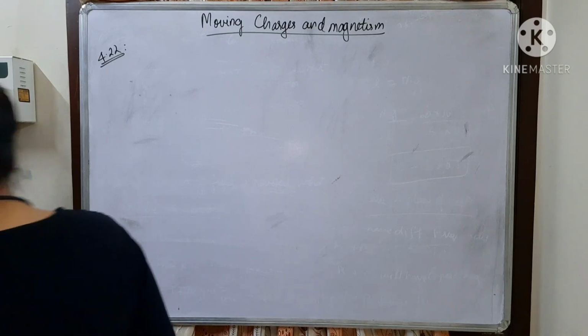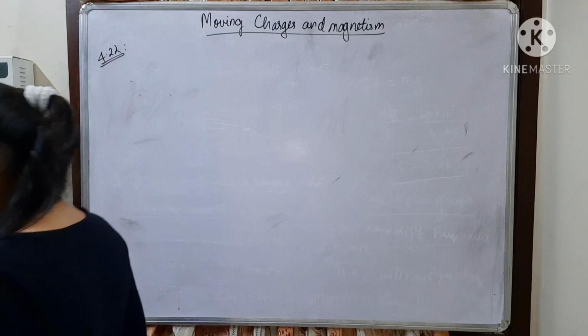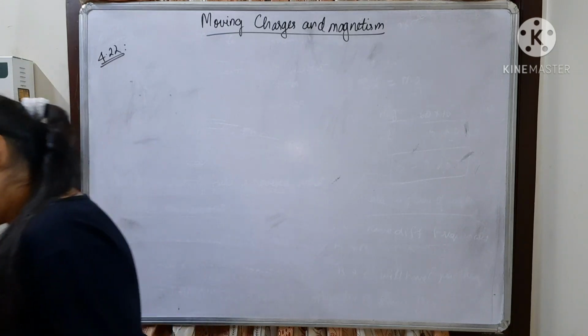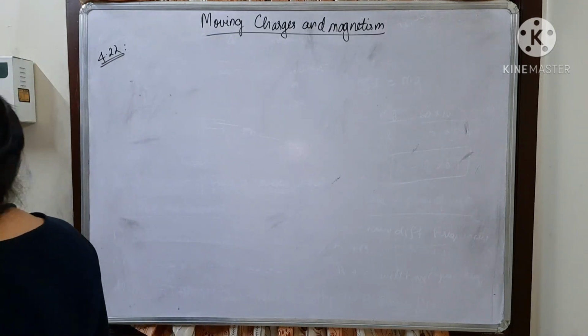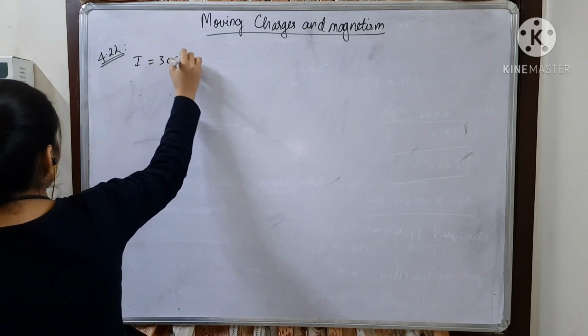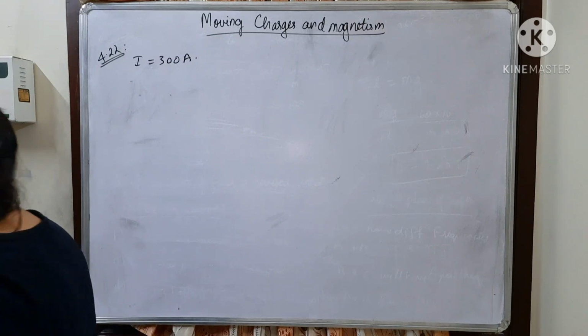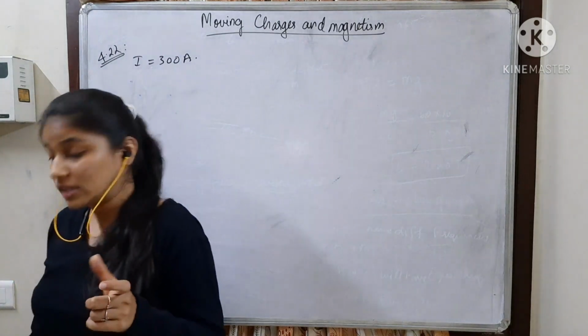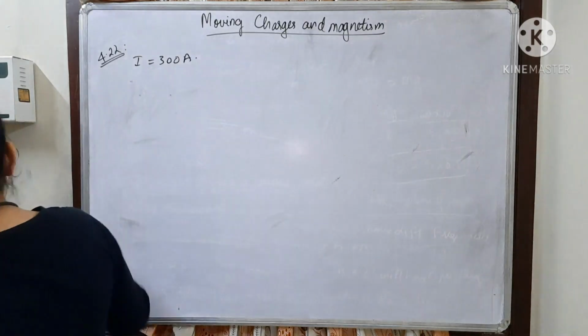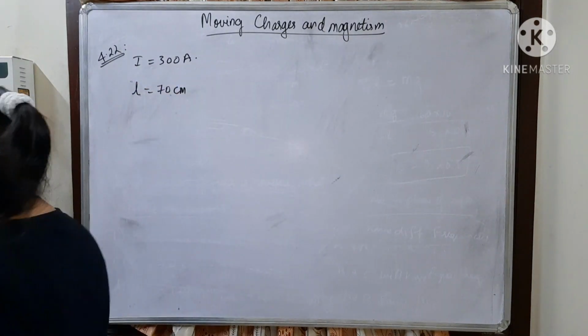The next question, 4.22: the wires which connect the battery of an automobile to its starting motor carry a current of 300 ampere for a short time. What is the force per unit length between the wires if they are 70 centimeter long and 1.5 centimeter apart?